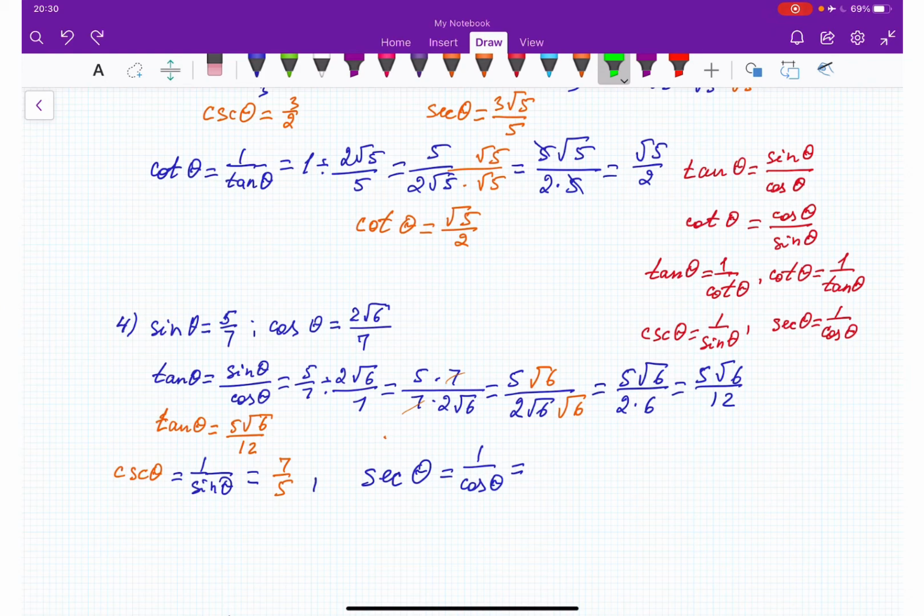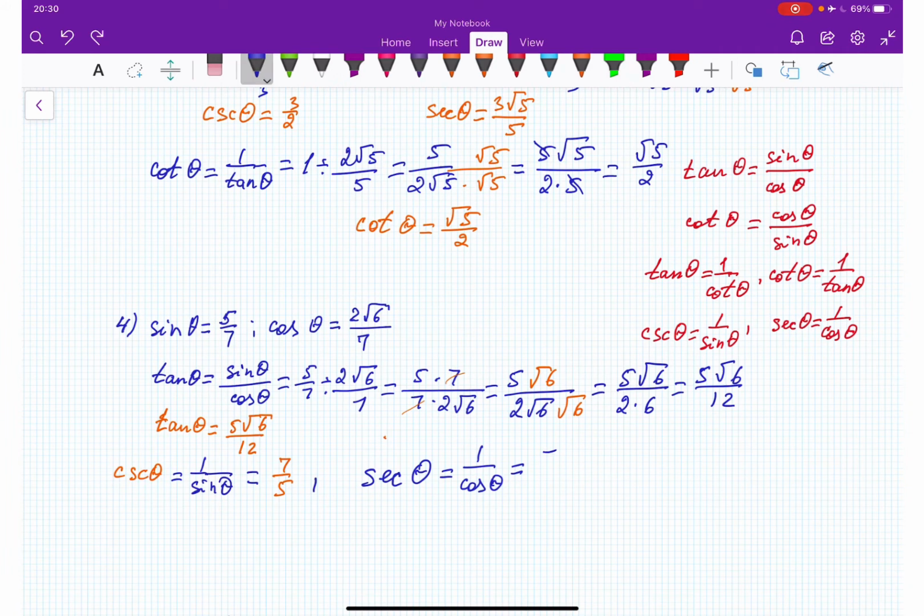It's going to get 7 over 2 square root of 6. So if I rationalize, it's going to be 7 square root of 6 over 2 square root of 6 times square root of 6, and we get 7 square root of 6 over 12.